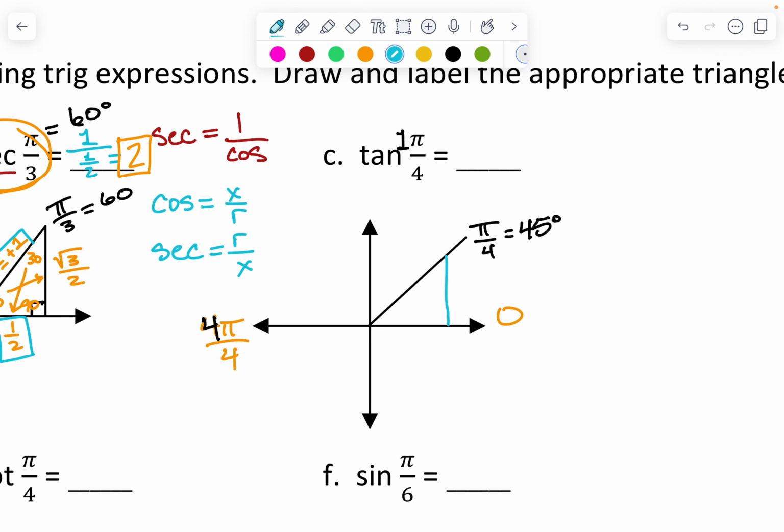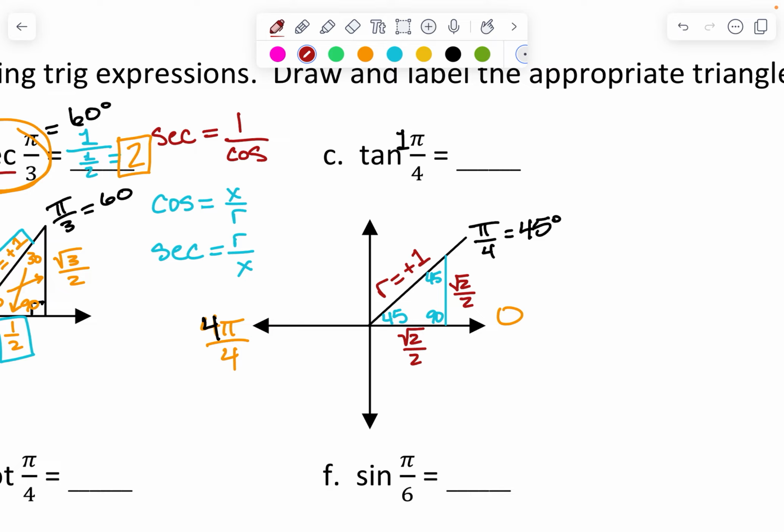You're going to drop your line straight down. If this is 45, the whole triangle is a 45, 45, 90. That means the sides are equal. So this one's going to be square root 2 over 2, this one's going to be square root 2 over 2, and r is and always will be positive 1.